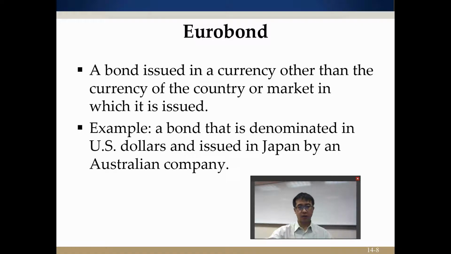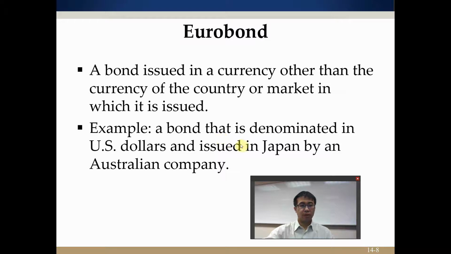This follows the definition of eurobond. So it can be called a eurobond, even though it's not issued in a European country or in euro or Swiss franc, but as long as the currency that denominates the bond and the place where the bond is issued are different, we can call it a eurobond.